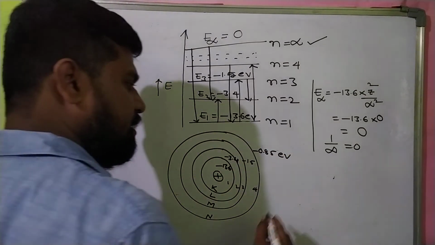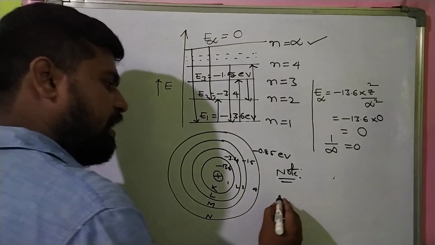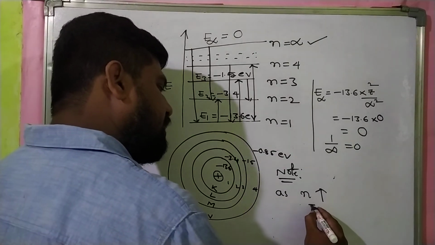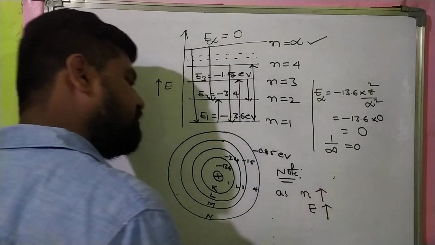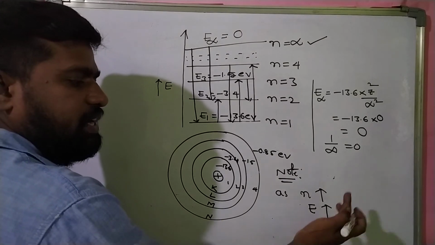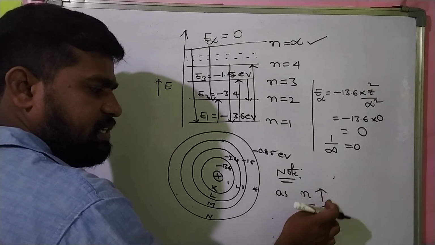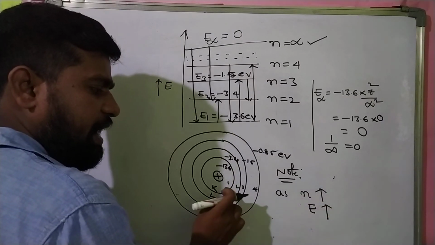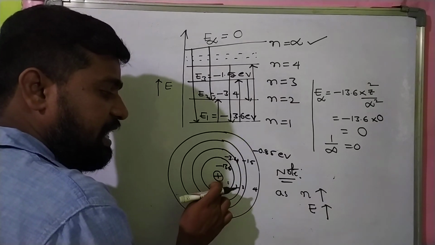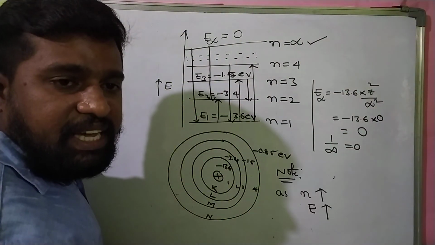Means here all of you note, as n value increases, the energy of electron also increases. Means energy of orbit also increases. That means as we move away from the nucleus, the nuclear attraction force on that electron in that particular orbit will decrease.